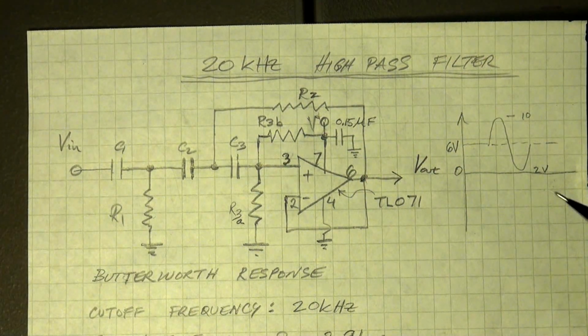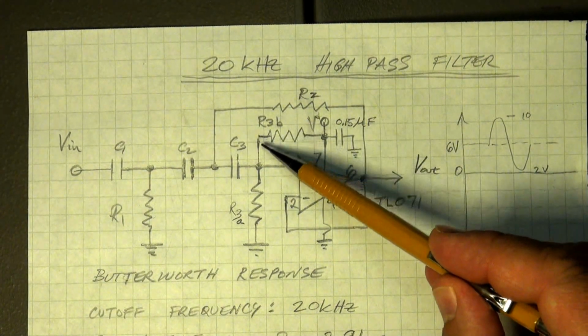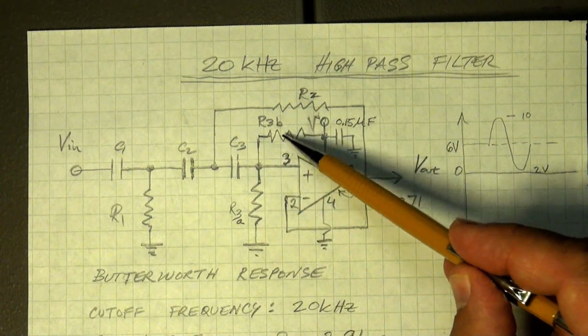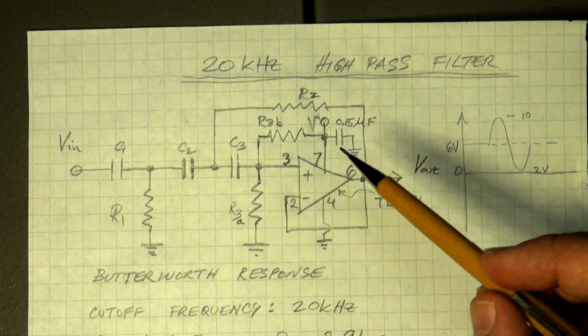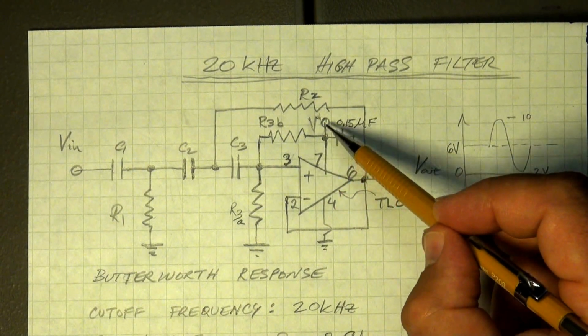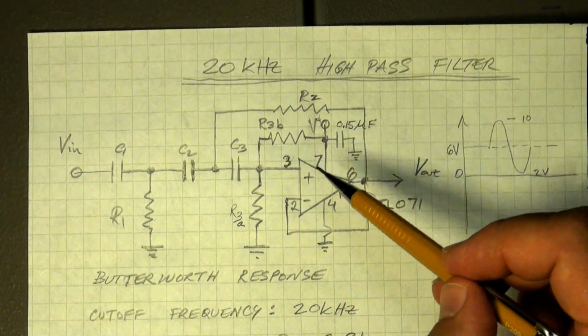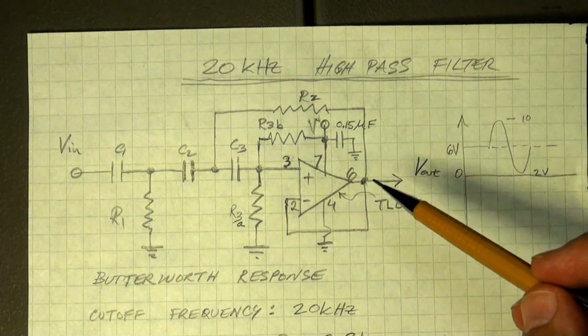So the action of these two parallel resistors is to act as a voltage divider, and have 50% of the positive supply appear at pin 3.